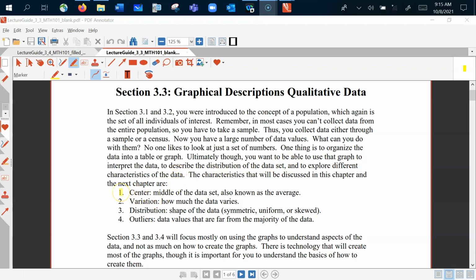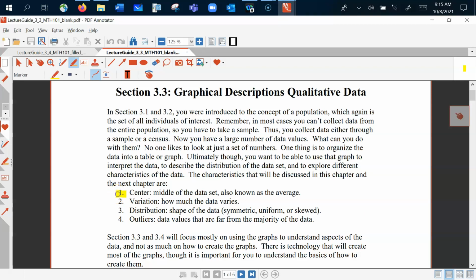Now in 3.4, so we're getting a little bit ahead of ourselves, there are 4 traits specifically that we want to look at for quantitative data: the measure of center, the measure of variation, the distribution, and if there are any outliers. So a lot of times we can get the feeling for these 4 traits just from the graph.